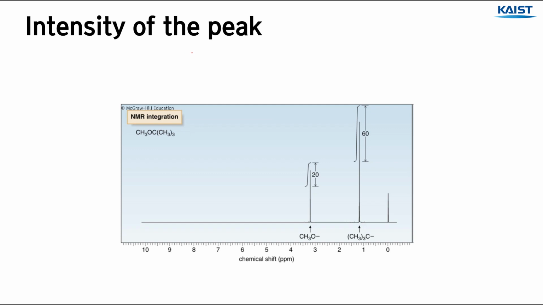Intensity of the peak indicates the relative amount of each kind of hydrogen in the molecule. The area under a proton NMR signal is proportional to the number of absorbing protons.